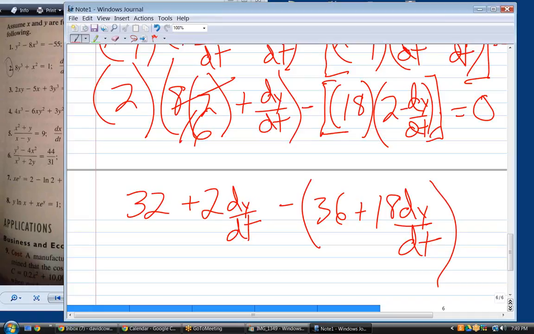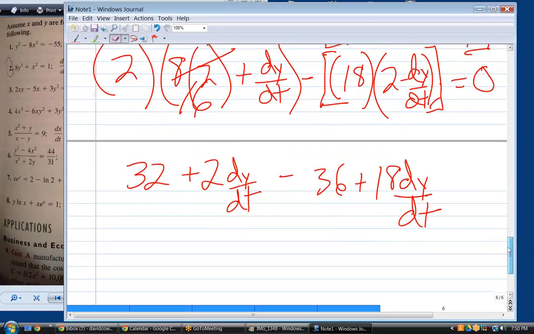If I remove the parentheses, everything's right. My mistake was putting in the parentheses. I was attempting to remove both sets of parentheses, and usually I should remove them one at a time. You can see that this negative sign distributes to that 36 to give me negative 36. And then that negative sign turns this negative positive, this negative 18 dy dt, because I still have to multiply that 18 by that. Okay, so I now have this. Well, it's getting simpler.